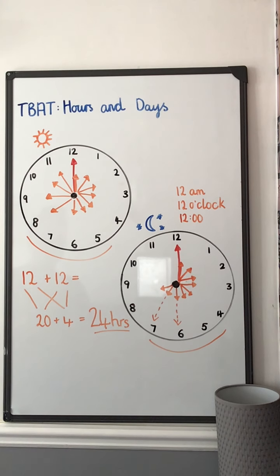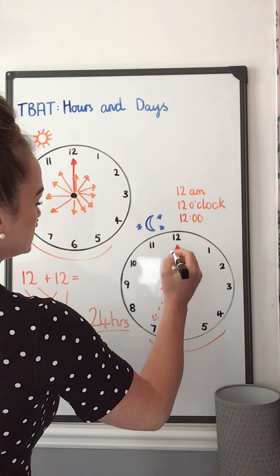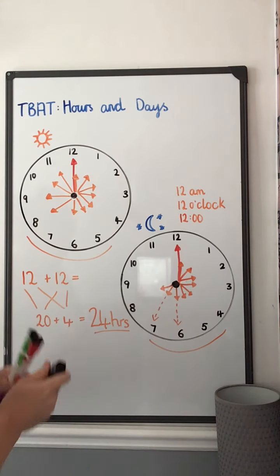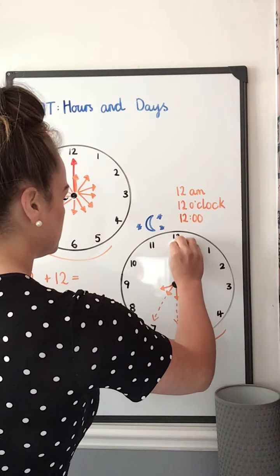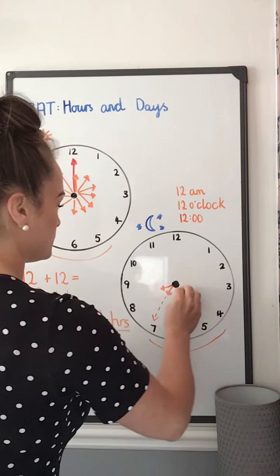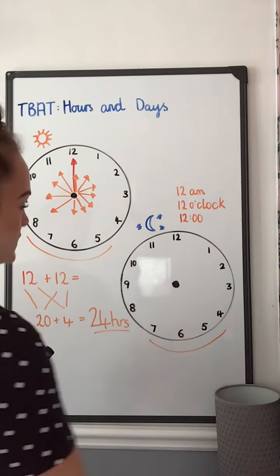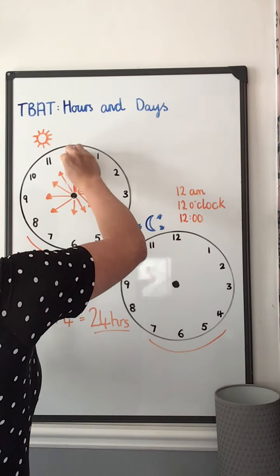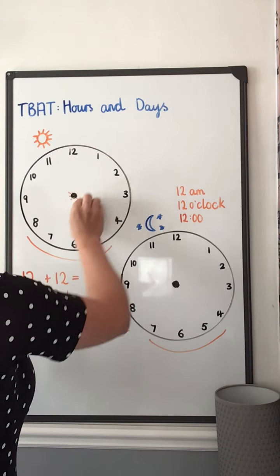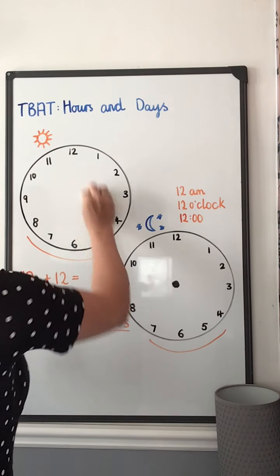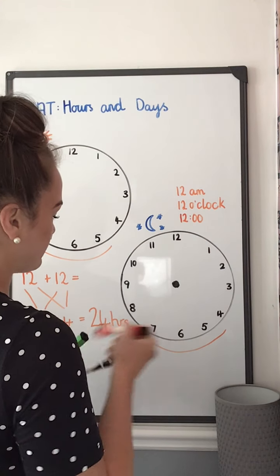Now think about when you go to bed. I'm going to say you go to bed at 7 o'clock in the evening. So we're going into our nighttime clock. So you go to bed 7 o'clock.